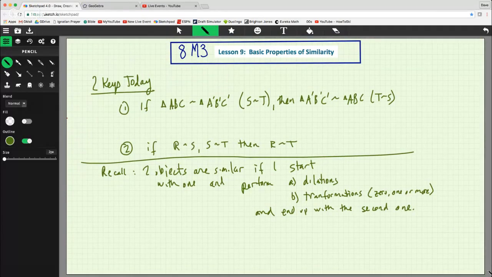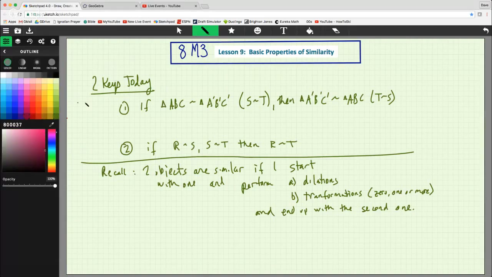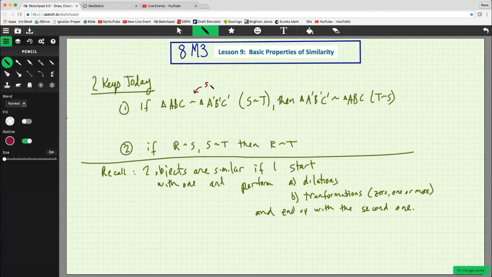Now the two keys for today, as I said, and you can write these in your notes, is that if a triangle is similar, this little squiggly symbol here means is similar to, a second triangle.